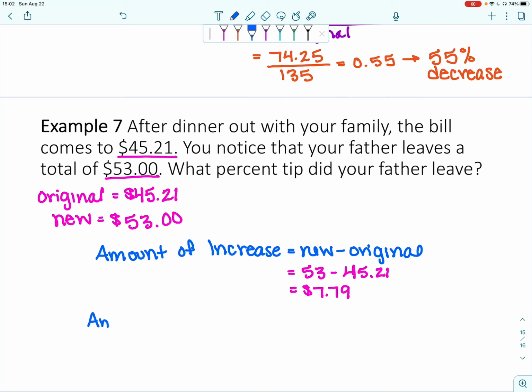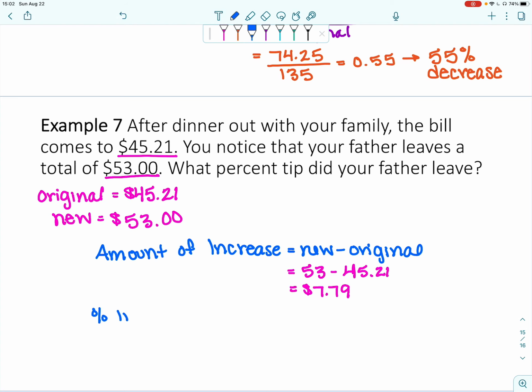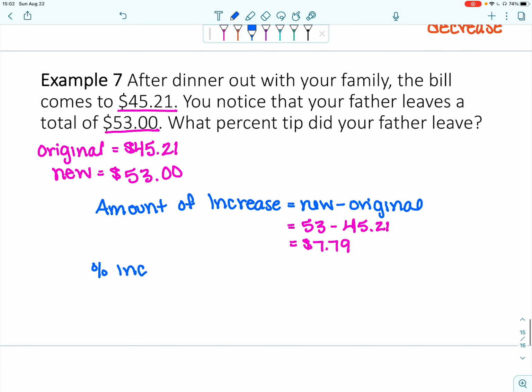So what was the percent increase, not amount, percent. The percent increase is going to be the amount of the increase divided by the original, because when you're determining how much tip to leave, you determine that based off of your total before you leave the tip.